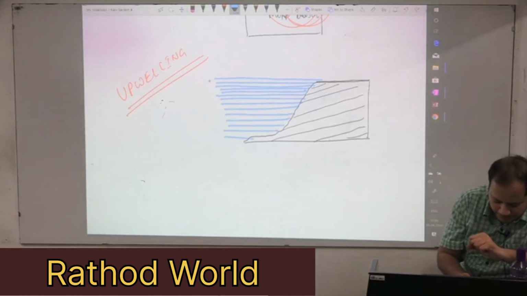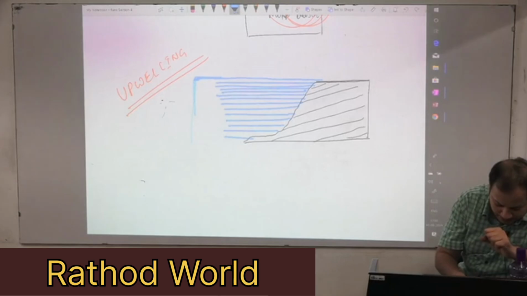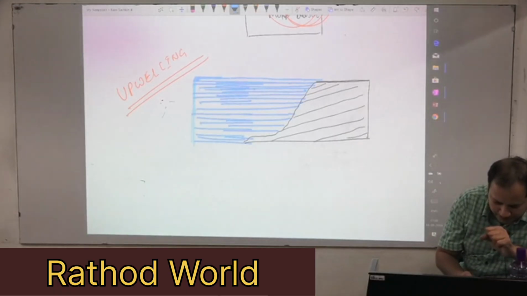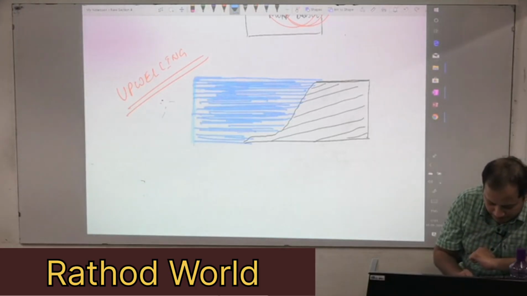And next point, the trade winds diverge or move away the surface water from the equatorial regions. Divergence means moving away. Whose water are we talking about?